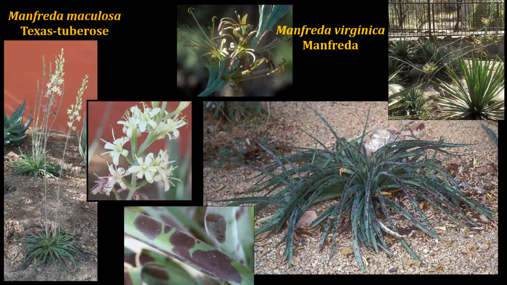If you like funky, like myself, these Manfredas have splotches on the leaves, which is, I think, very fun and interesting. They develop elongated bloom stems loaded with nectar to appease the hummingbirds. And there are different species available of these Manfredas.